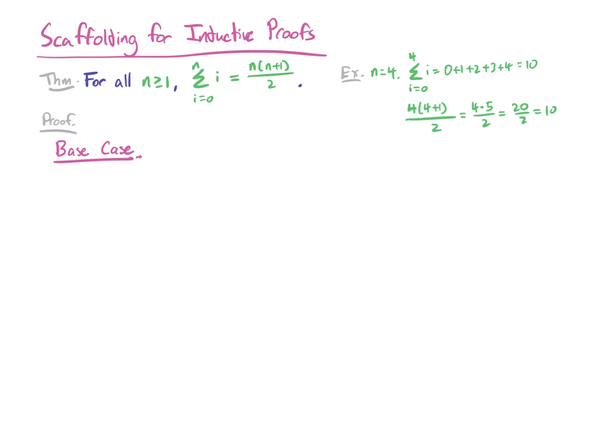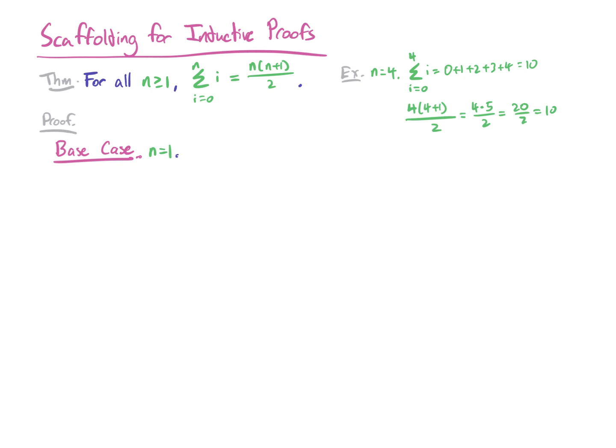So what I first have to do is figure out what value of n I should be looking at for my base case. I see here, for all n greater than or equal to 1, and this is usually a pretty reliable hint, the smallest value of n for which my theorem is supposed to work is n equals 1, and so my base case is n equals 1.